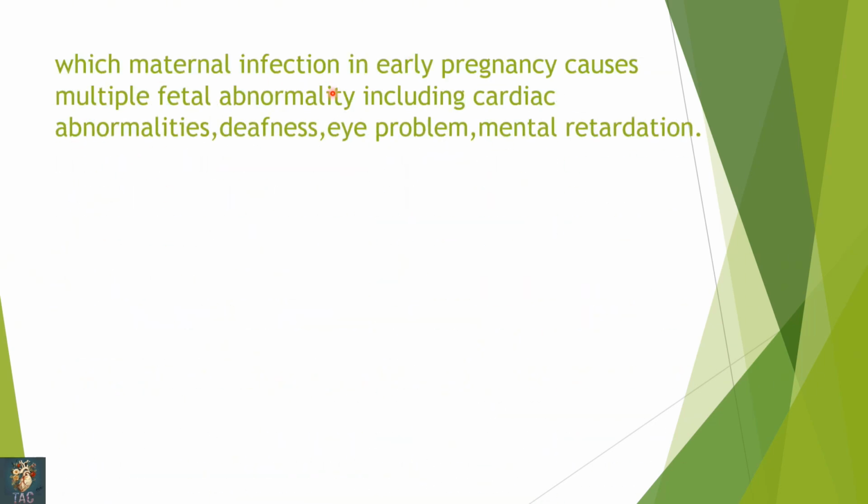Which maternal infection in early pregnancy causes multiple fetal abnormalities, including cardiac abnormalities, deafness, eye problems, and mental retardation? So, a number of abnormalities are written over here. Genital warts usually do not cause these abnormalities. The same is true of herpes simplex. It causes a little bit of deafness, but not cardiac anomalies.